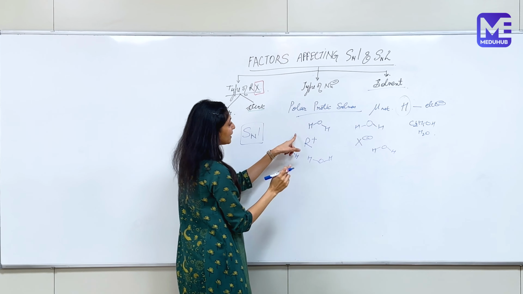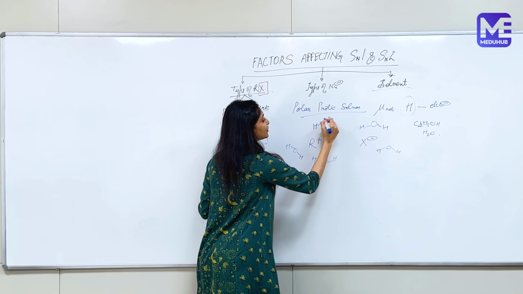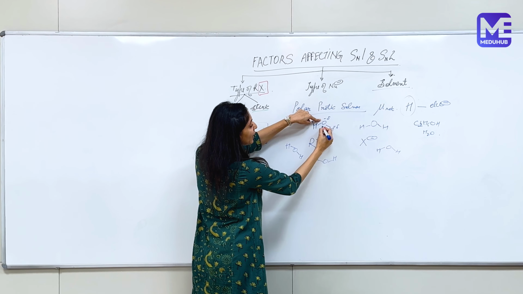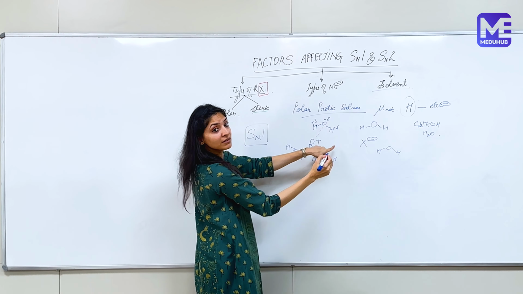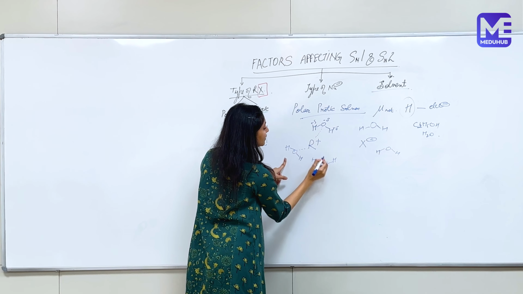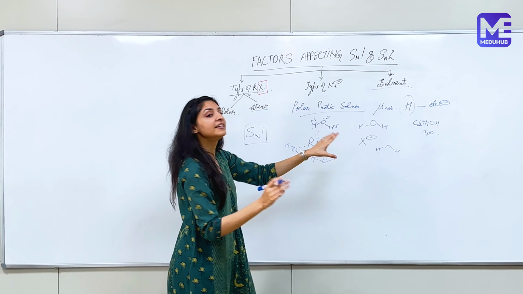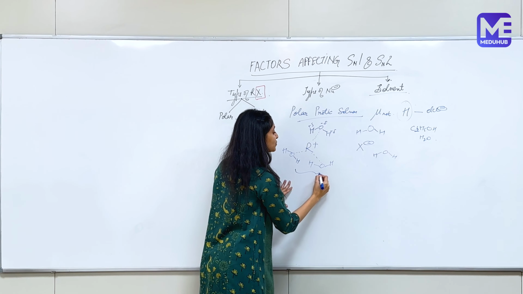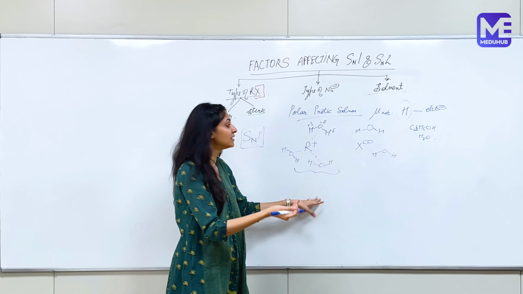Because of a slight negative charge here, slight positive charge here, this oxygen will have dipole-dipole interactions with the carbocation here. This means that the interaction between the solvent and the solute will be more, and this will be solvated and hence stabilized.